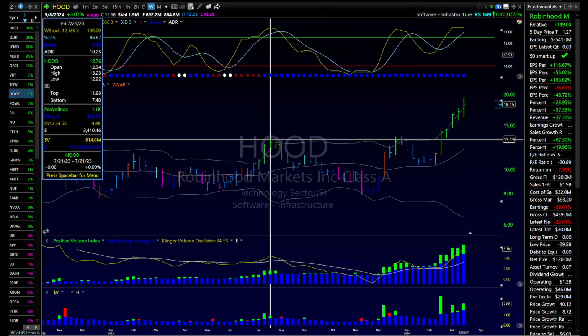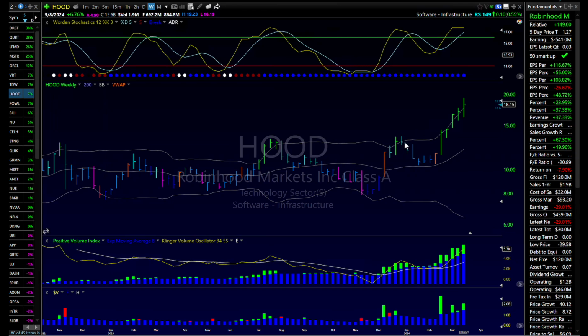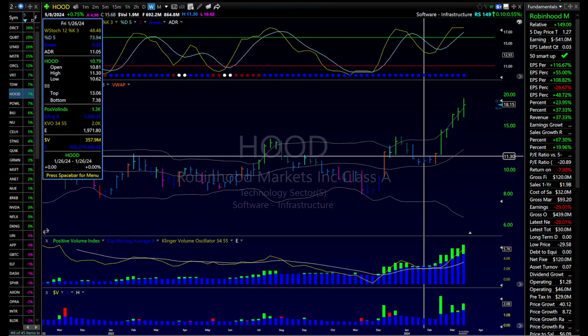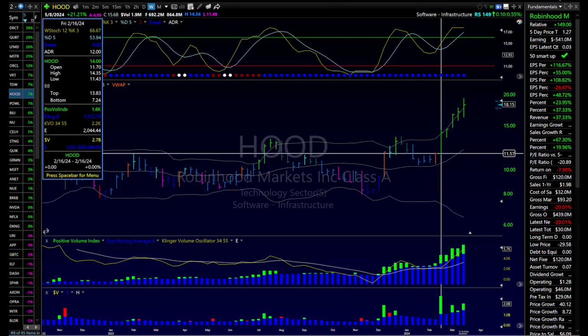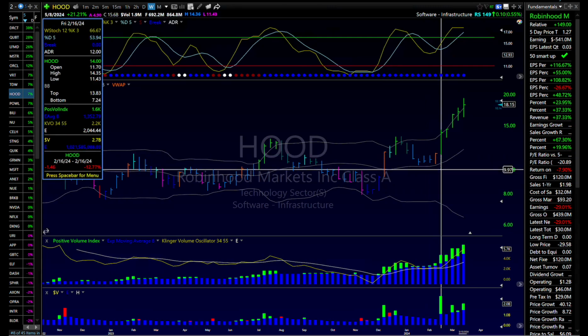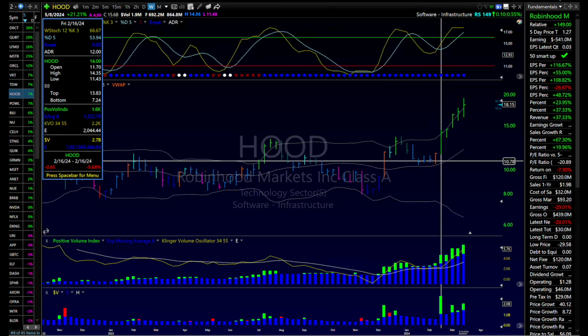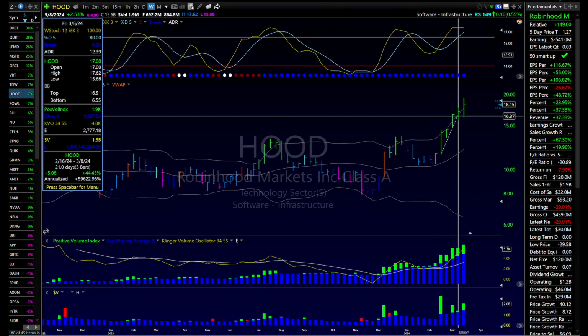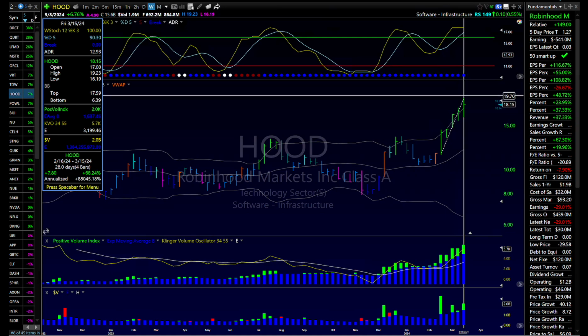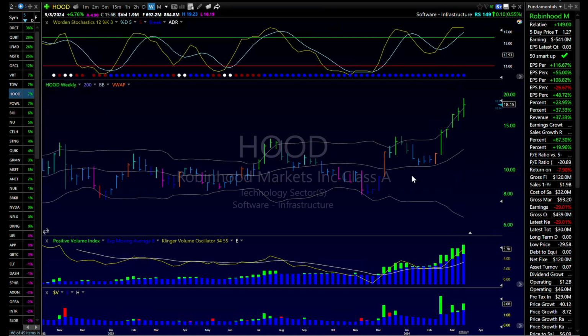Then it comes up here, forms like this cup. Now here's your handle, pulling back to the moving average, and then you would take it as a cross above these highs here with your buy signal. And if you put your stop just inside of that box, you could add a tighter stop. Then from there, it's up. On a weekly chart, it's up 68%.